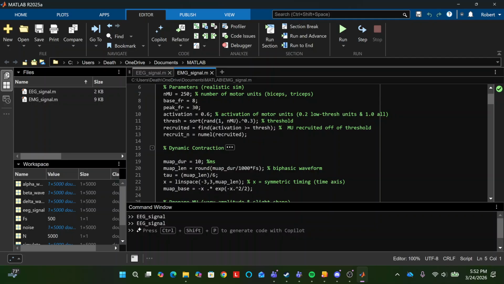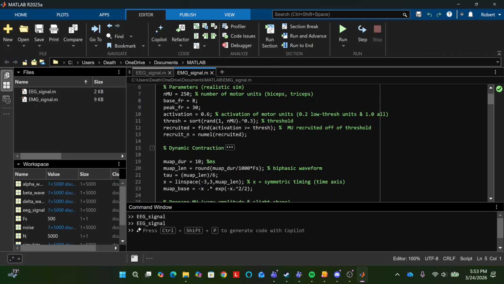We have our threshold, which is going to sort the random 1 to the number of motor units, and we're going to square that and multiply by 0.3. Then we have our recruited. So as these motor units get activated, new motor units are recruited based off this threshold. So based off the threshold, we're recruiting more and more motor units that are getting activated.